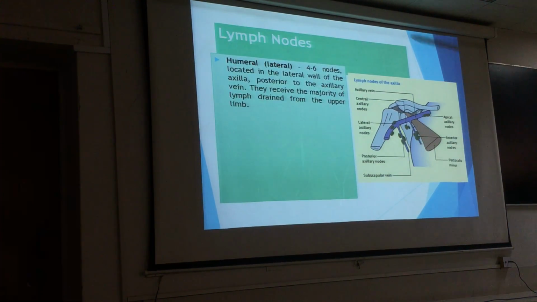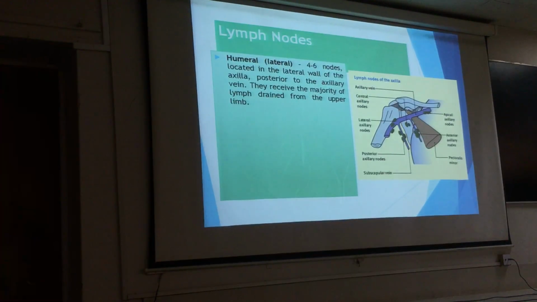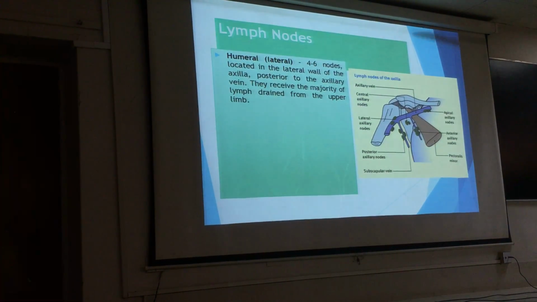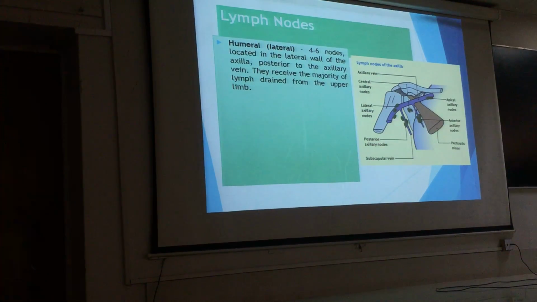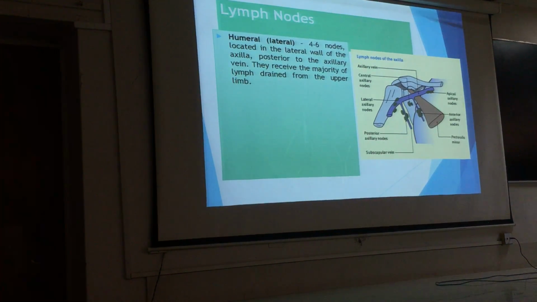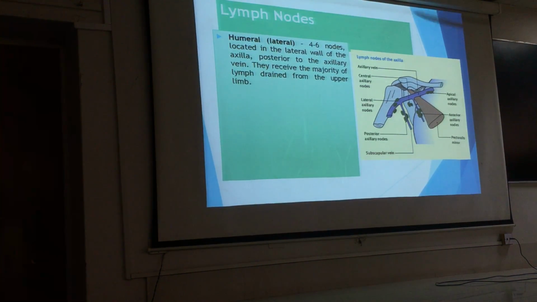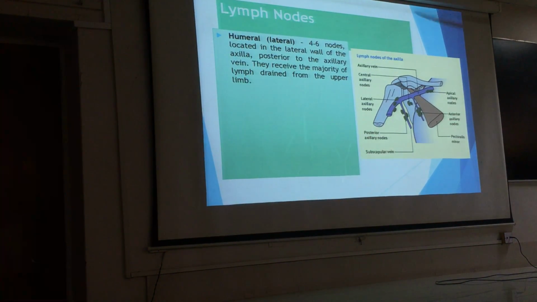Then we come to the third one, that is the lateral group or the humeral group of lymph nodes. Until now, in the lymphatic drainage we have done, we have involved this group the most. That is the lateral group and the humeral group of lymph nodes. Now their number is in between the inferior and posterior groups, so we take their number as almost 4 to 6.